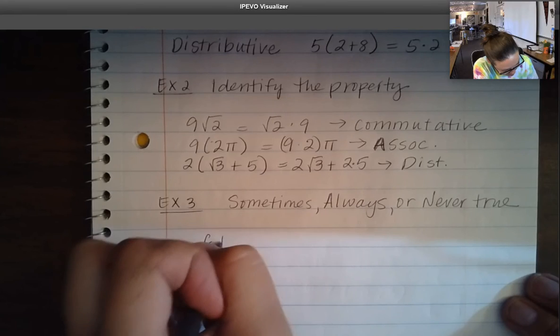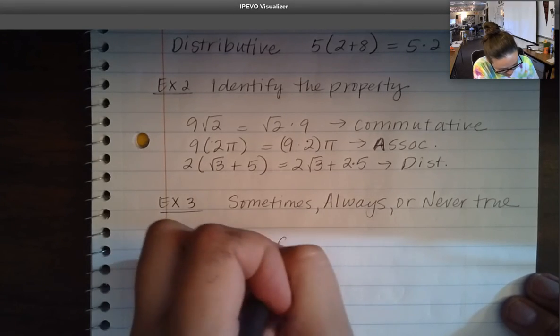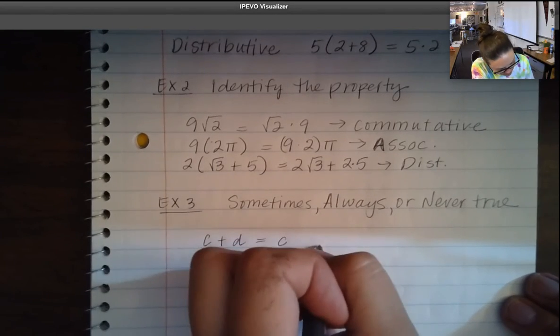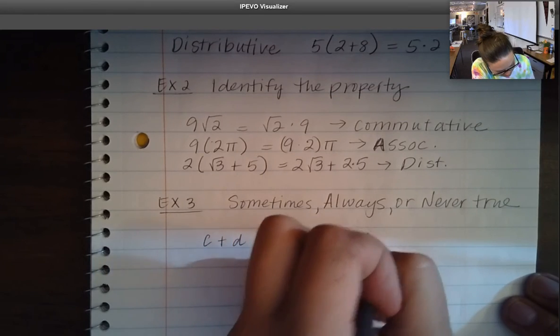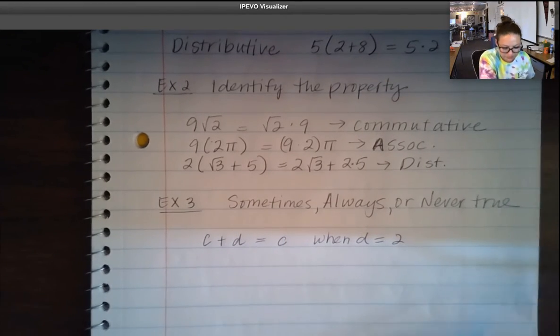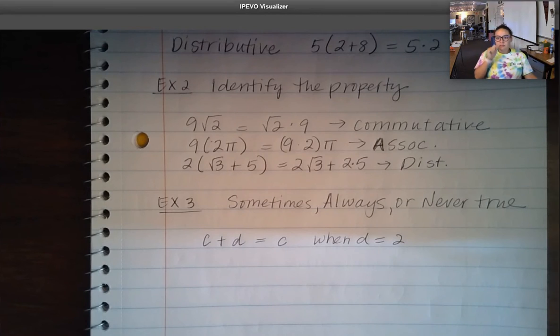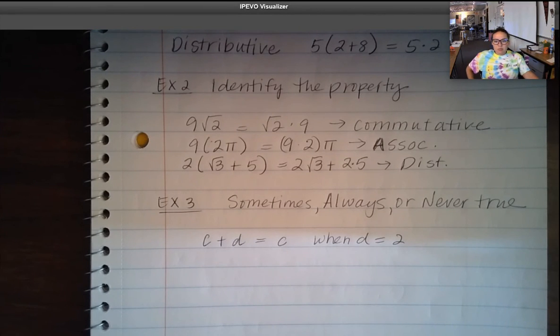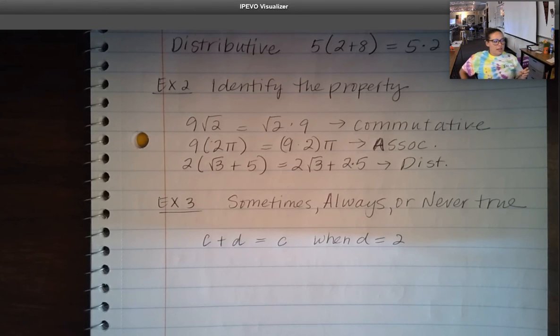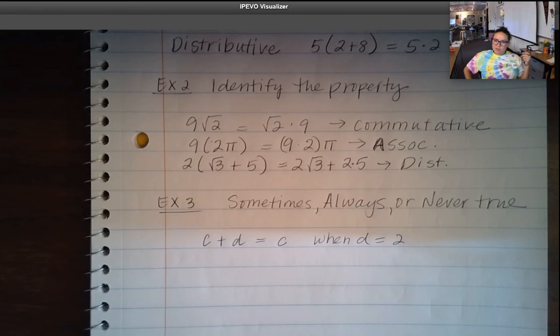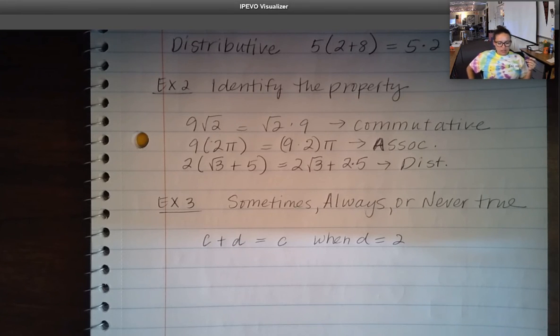So let's say C plus D equals C when D equals 2. So if D equals 2, is that sometimes true, always true, or never true? And you should be trying to think of different specific examples in your brain.